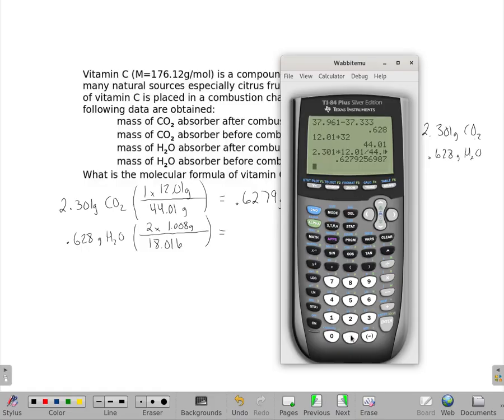So 0.628 times 2 times 1.008 divided by 18.016 gives us a mass, this will only be three significant figures, of 0.0703.